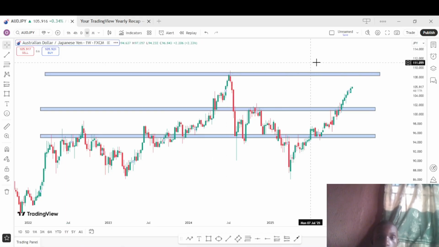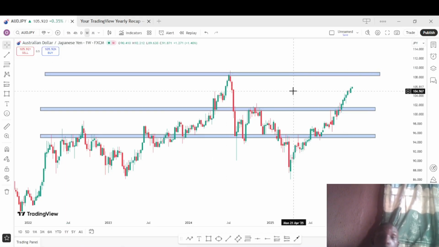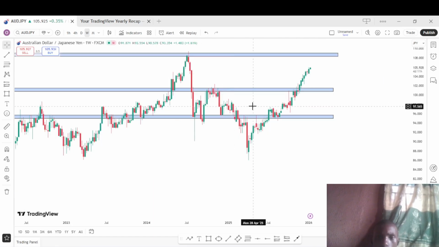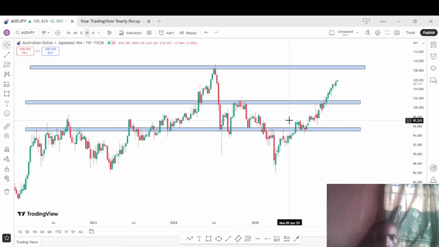So I just put it here because the market moves from zones to zones. As it moves past here, it's most likely to come to this 100% retracement. Okay, I'm done with it.